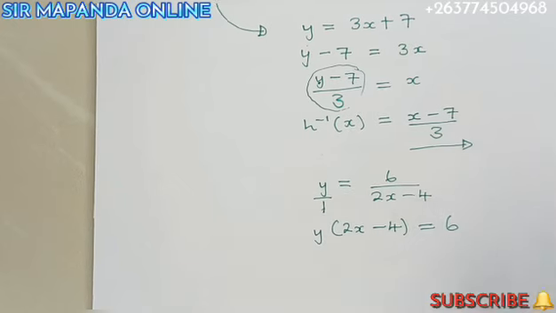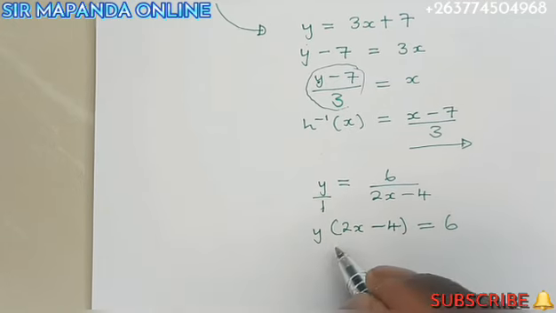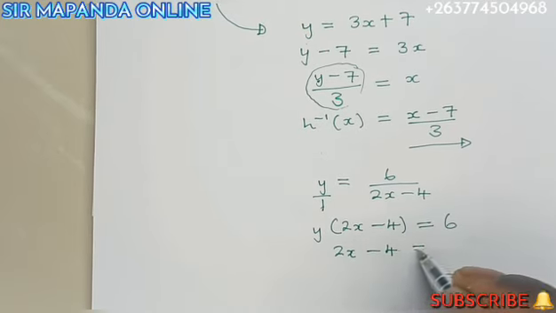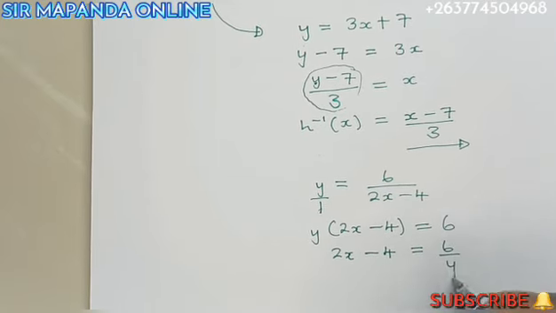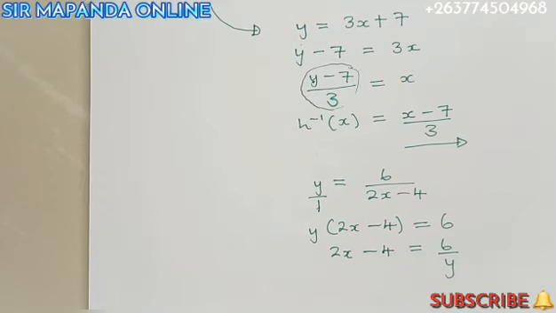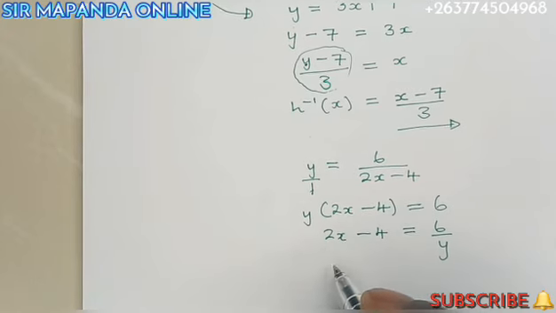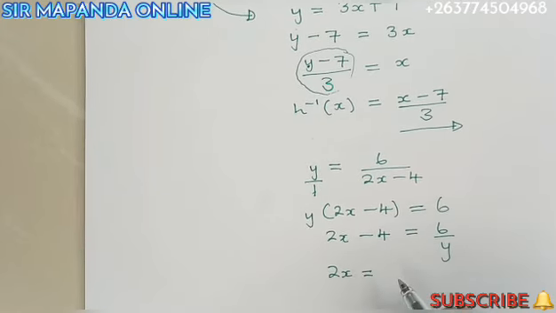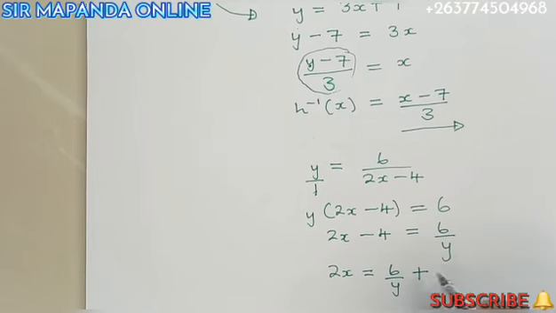Even without removing the bracket, you can divide both sides by y. You get 2x minus 4 is equals to 6 over y. Then move minus 4 to the right. You get 2x is equals to 6 over y plus 4. I hope you are following.